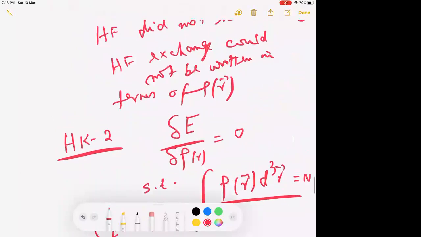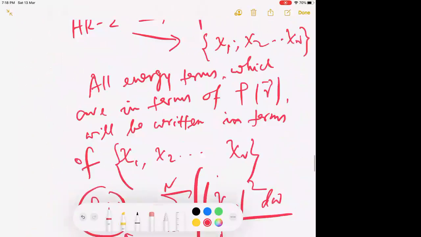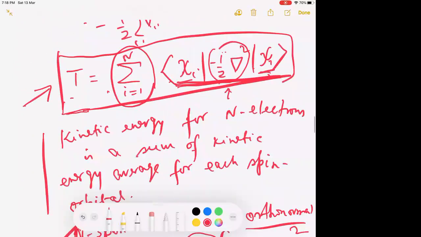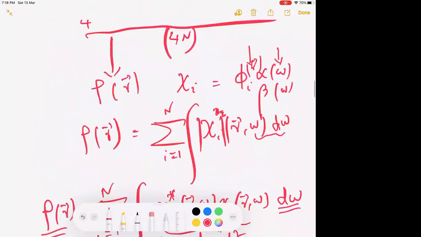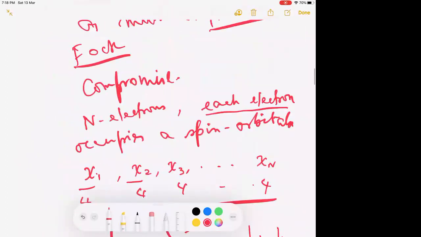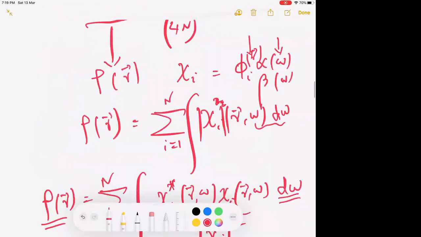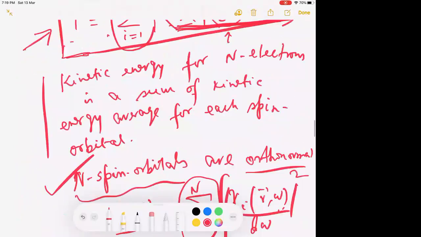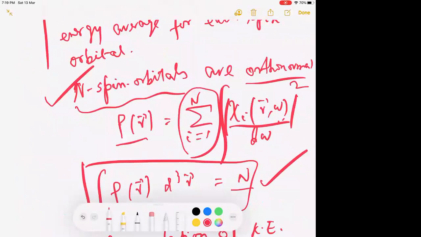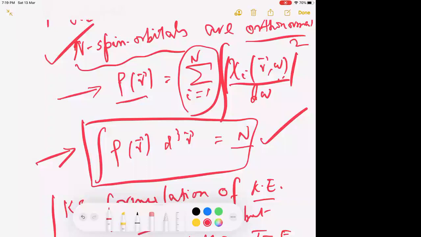And I told you, if this condition is fulfilled, then the density integrates to n. I think I had already told you. I just want to repeat that part. Somewhere I talked about it, that if n spin orbitals are orthonormal and I define density in this manner in terms of the spin orbitals, then the density integrates to n.